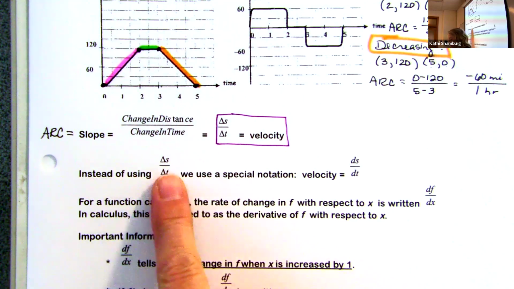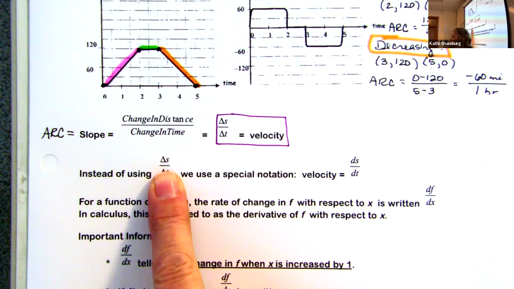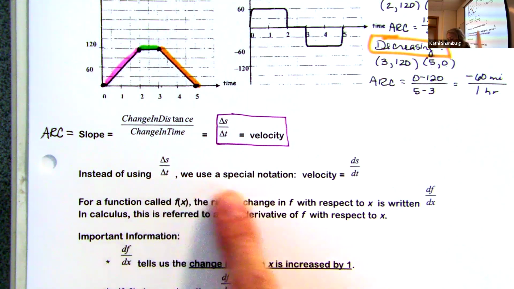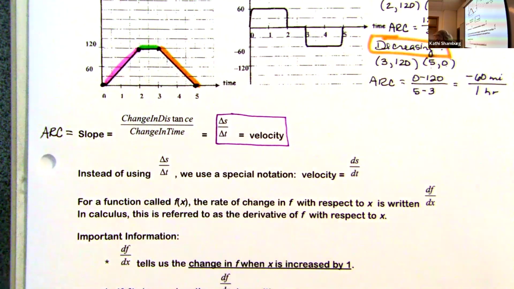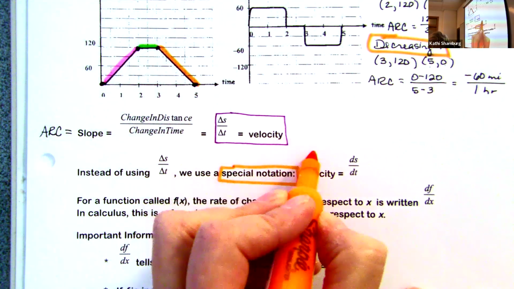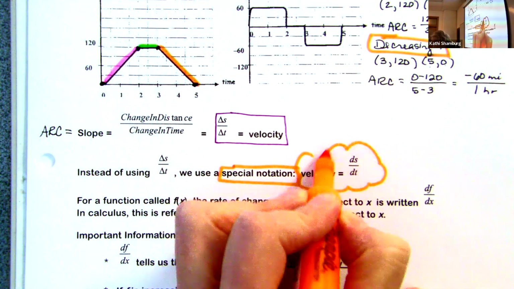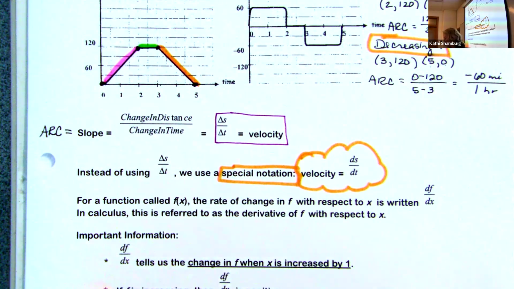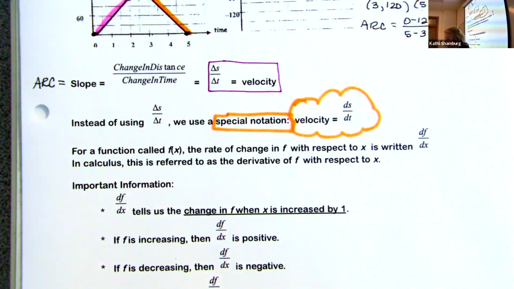So instead of using these little boxes, which mean the change in speed over the change in time, we use a special notation for velocity that is ds over dt. ds over dt. Okay, that's new. Let's read on and see what it tells us.